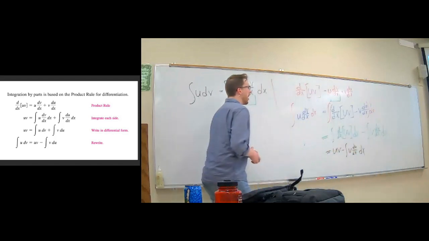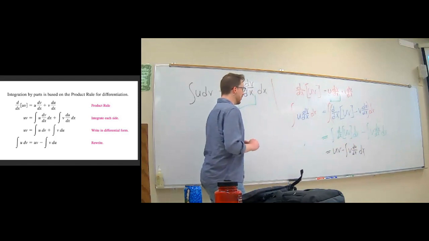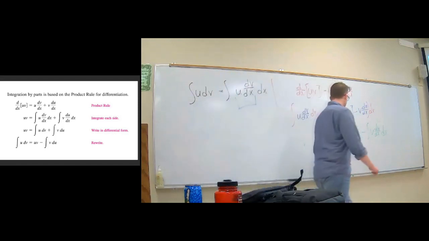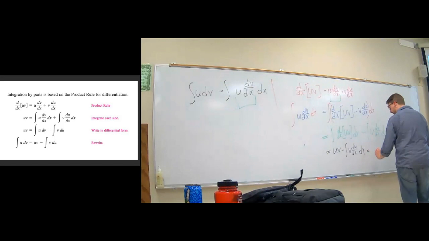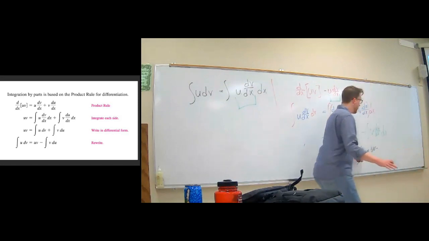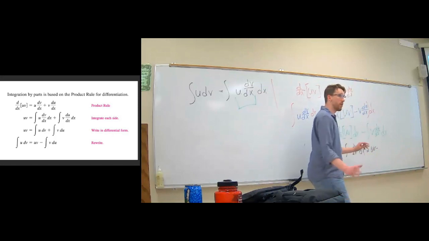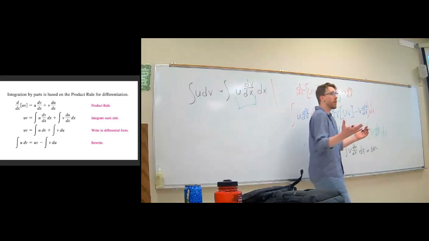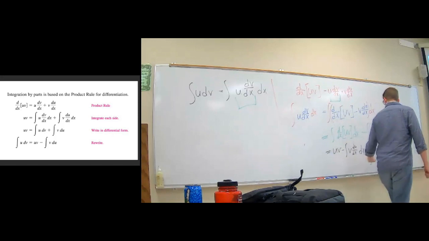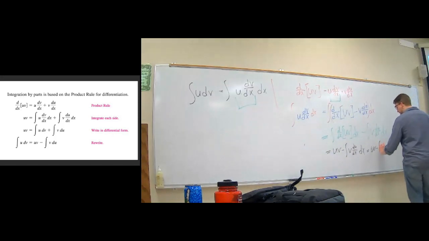That is equal to our original integral. And this we can rewrite again as uv minus, if we think of these dx's as canceled, that's not what's actually happening, but we can think of it that way, right? Just to abbreviate notation. If we think of it that way, then we can rewrite it as v du.